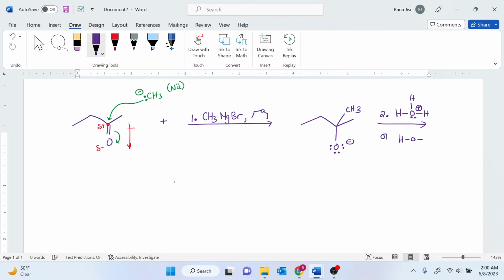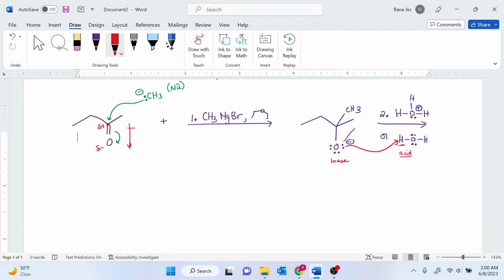Both are going to be the same, because the only role of the solvent at the end is just to protonate that oxygen by doing an acid-base reaction. So if I use water, then this is going to be my base, and this hydrogen here is going to be my acid. It's a very weak acid.